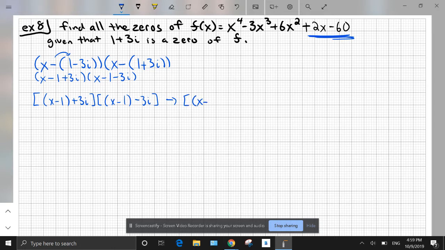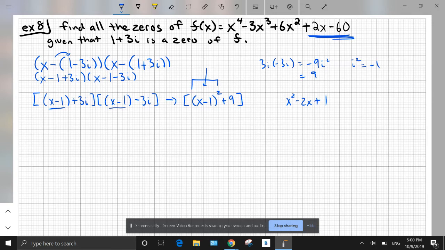So from here we get x minus 1 squared, since we have 2 of these. And then we're going to multiply 3i times negative 3i, which gives us negative 9i squared. And remember, i squared is just negative 1, so we end up with 9. So here we get plus 9. And hopefully now you are able to do this almost instantly. We have x squared minus 2x plus 1.